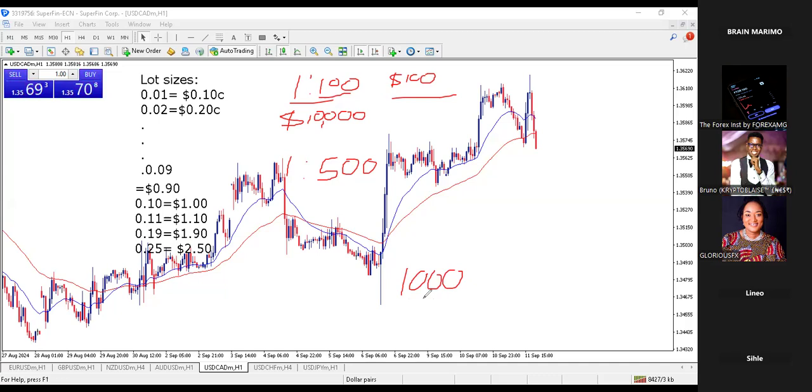So, of course, we are going to use leverage. It makes sense. Most of us are in Africa anyway, and people don't really have much money, right?